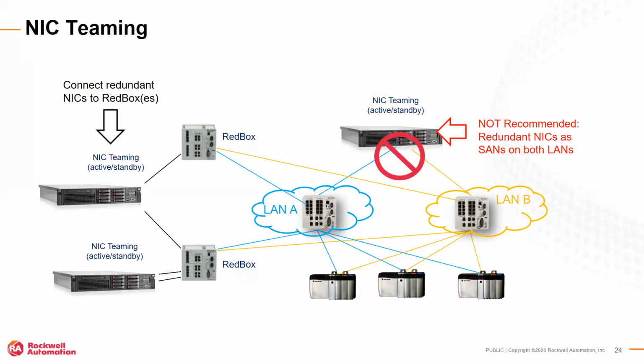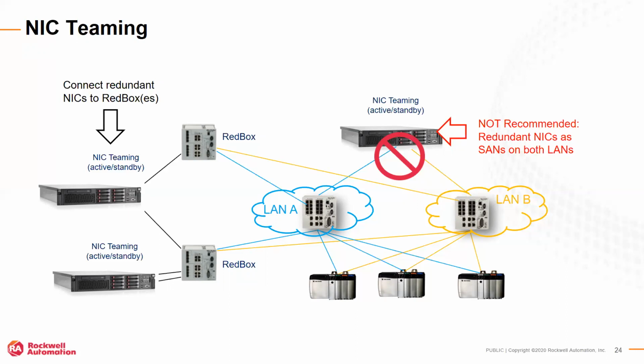And so there are a couple of illustrations here on the basics of how to set up if your server or workstation is doing some NIC Teaming. The idea is to connect it to a RedBox first, and then allow the RedBox to handle the LAN A and LAN B communication.